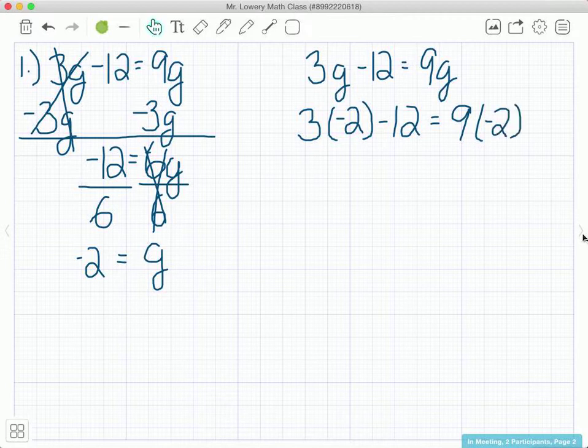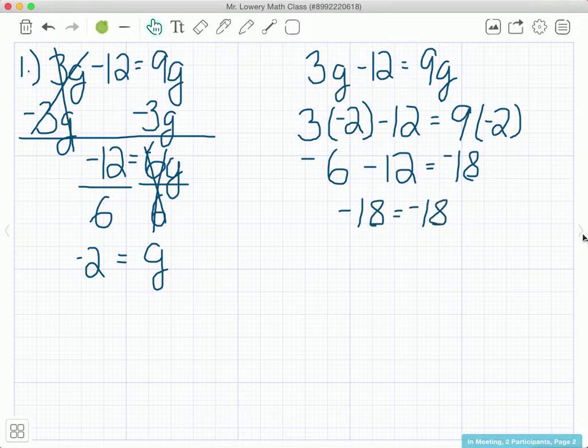Negative 6 minus 12 equals negative 18. Negative 6 minus 12, I'm at negative 6, and I take away 12 more, now I'm at negative 18. So negative 18 equals negative 18. This problem checks out, and we know we're good. I'm going to clear this page, and we'll move on to number 3.